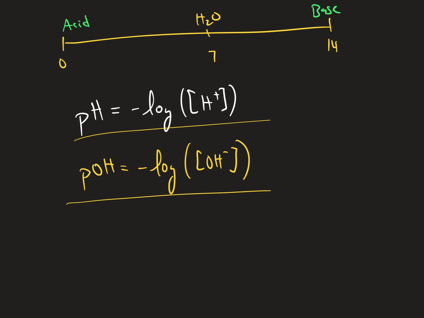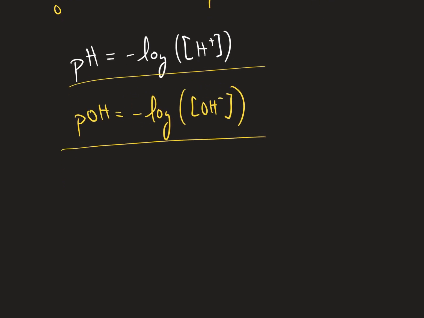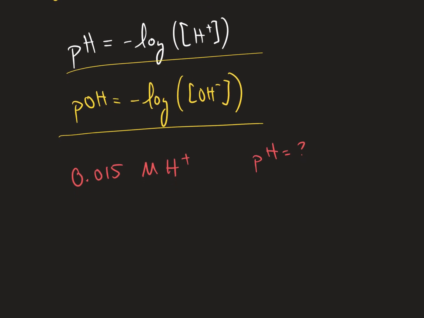So let's do an example. Simple example, but let's start simple. Okay, if we have a 0.015 molar concentration of H+ ions, what's the pH? Make sure we can calculate this. So again, pH is equal to negative log of the hydrogen ion concentration.